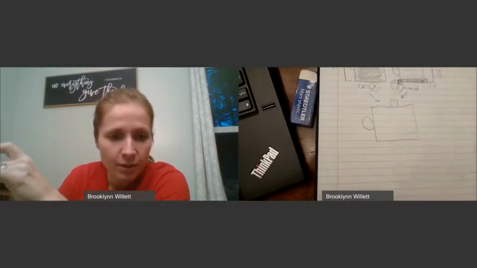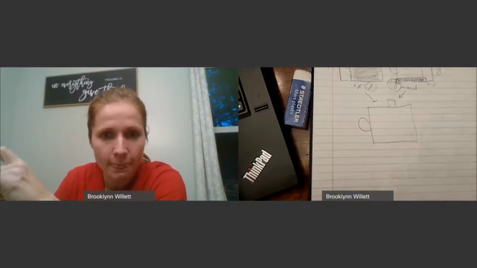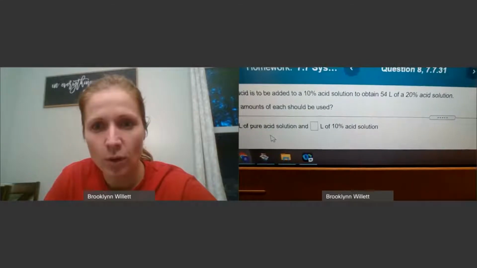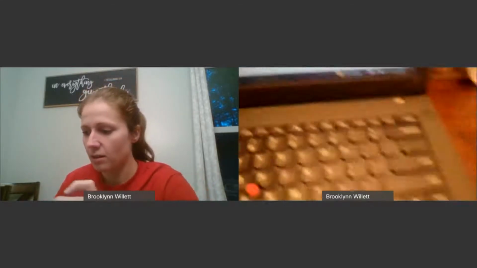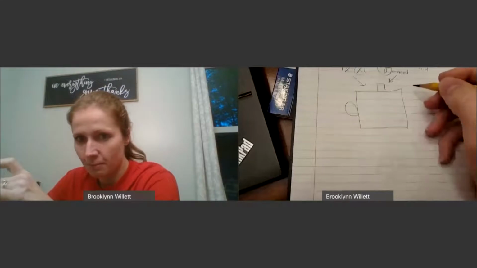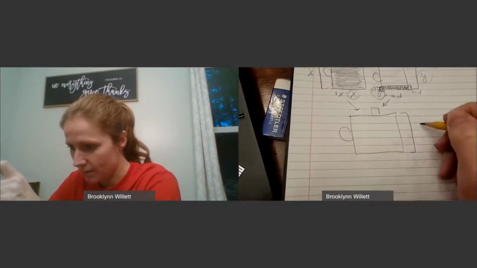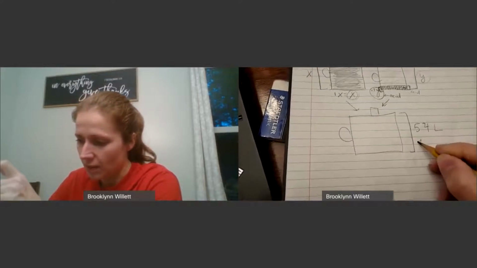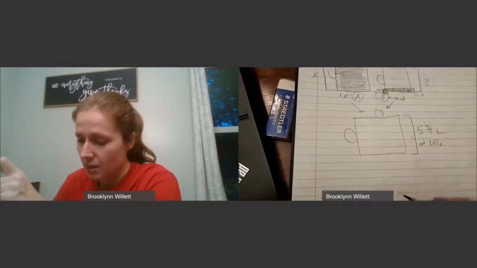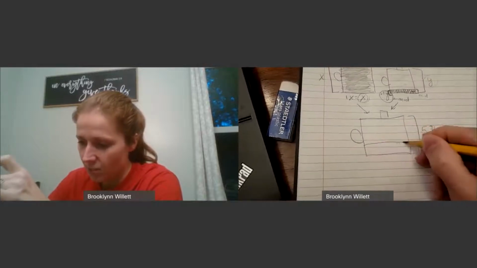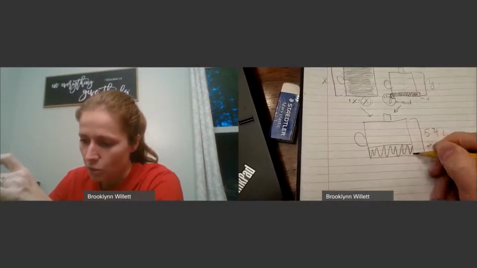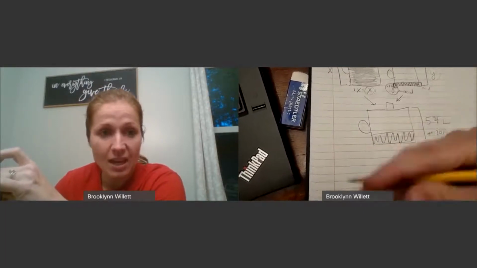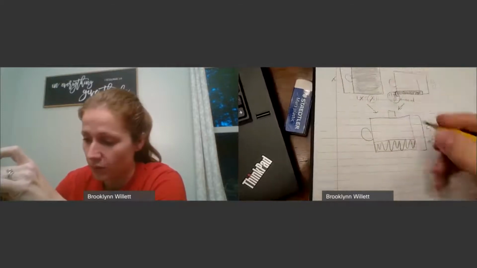Mixing them together, let's see, what did the problem ask for? The problem wants the final container to be 54 liters at 20% acid. So again, if all the acid settles to the bottom of this thing, acid is going to take up 20% of the 54 liters.